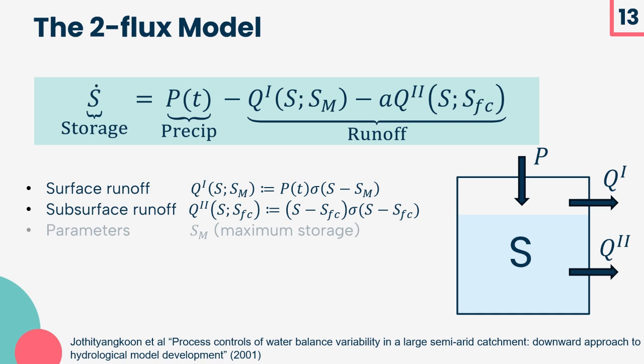It's also got a new threshold, which is the field capacity, which essentially acts as a lower bound for the storage. You can imagine if you have your bucket and you drill a hole, it'll be able to remove the water above that hole, but not from below. And we have A, which is the runoff strength, which you can think of as how big this hole is, so that'll affect how much output this runoff has.